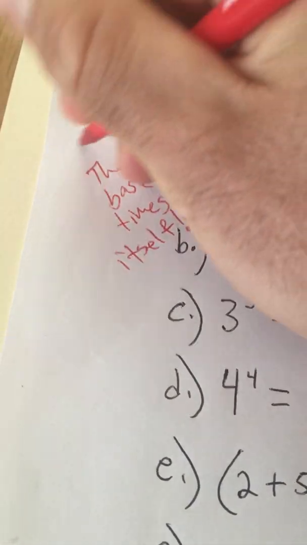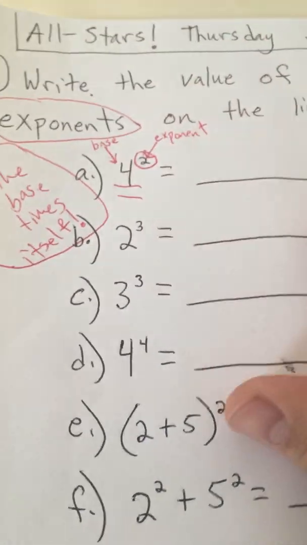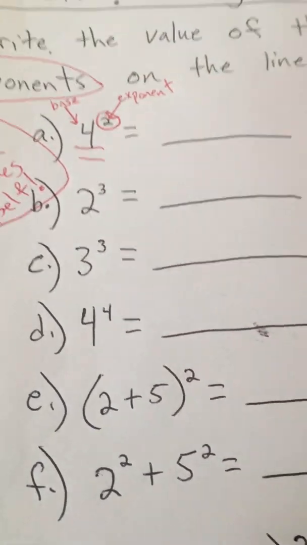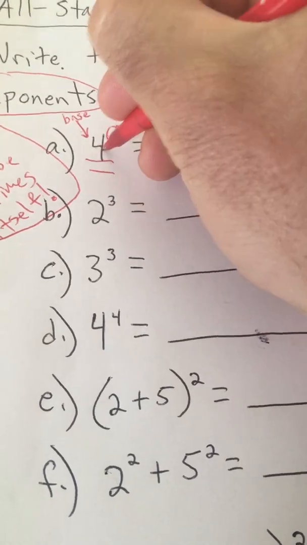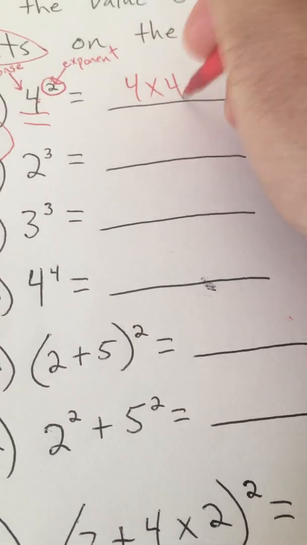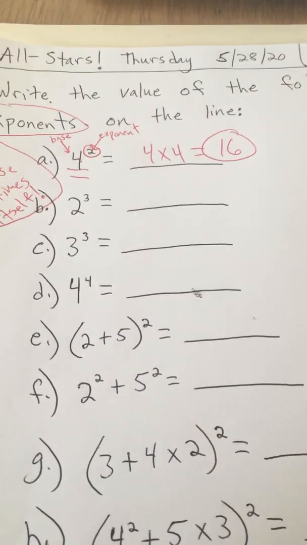And then you look at the exponent to see how many times you're going to multiply it by itself. So 4 to the second power, or 4 squared, is 4 times itself 2 times, or 4 times 4, which is 16. So the answer is 16.